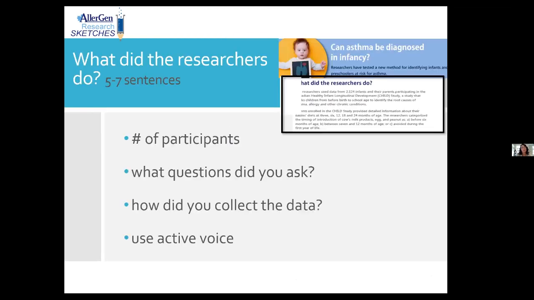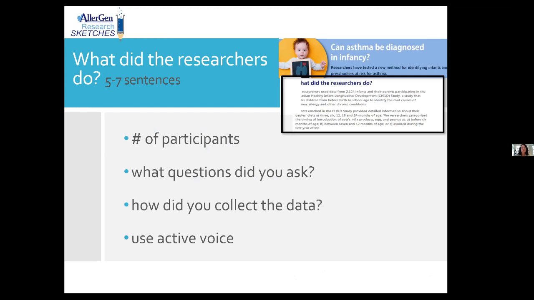The next section of the research sketch is, "What did the researchers do?" And this is based on the methods section of the scientific article. Here we focus on the key points that will help your reader understand how you carried out the research. How many participants did you involve? What questions did you ask? How did you collect the data? It's not necessary to describe every detail or every step.